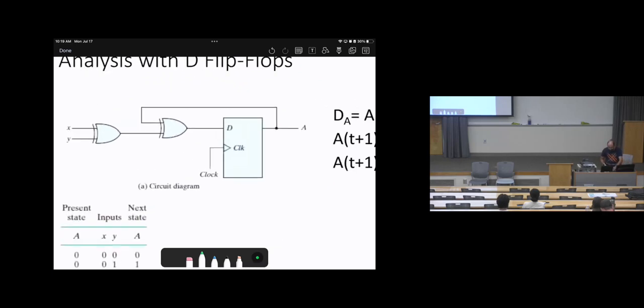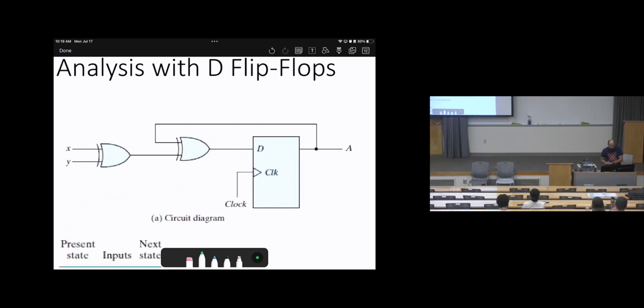Let's assume we have this flip-flop, and we need to make some analysis, like make the state table and state model for it.